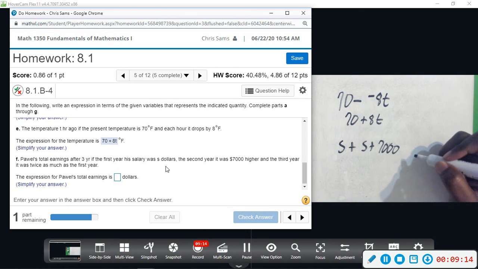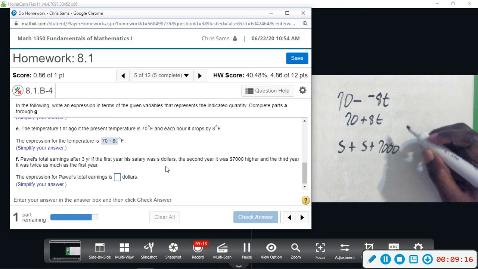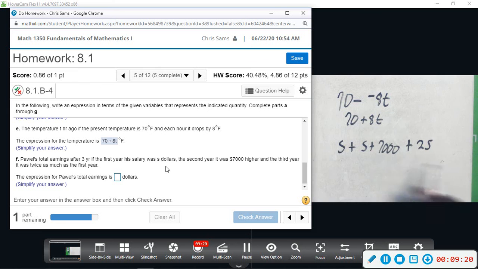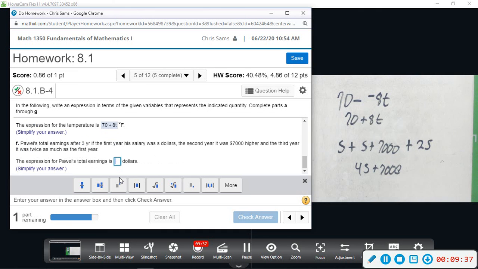And then the third year, it was twice as much as the first year, so plus 2S. So we add up all of this. We basically get 4 S's, 1, 2, 3, 4, plus 7,000. 4S plus 7,000. That will be his total salary in 3 years. Okay, so 4S plus 7,000.